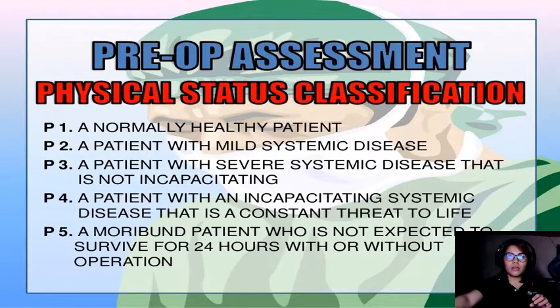Then, fourth is a patient with an incapacitating systemic disease that is a constant threat to life. Okay, so it already disturbs the patient's way of life. And then the fifth one, a moribund patient who is not expected to survive for 24 hours with or without the operation. So, this is where you insert the emergent type of surgery.